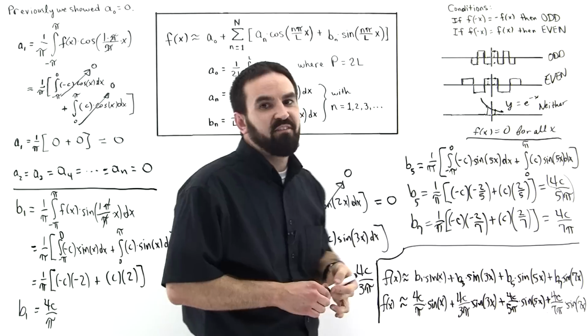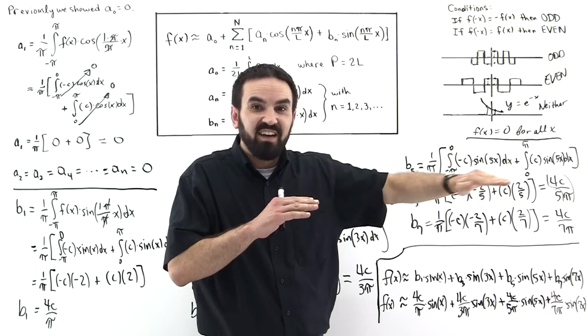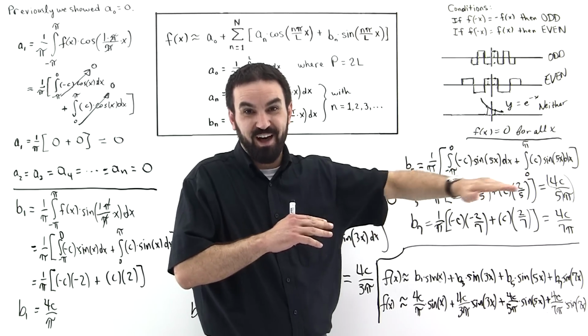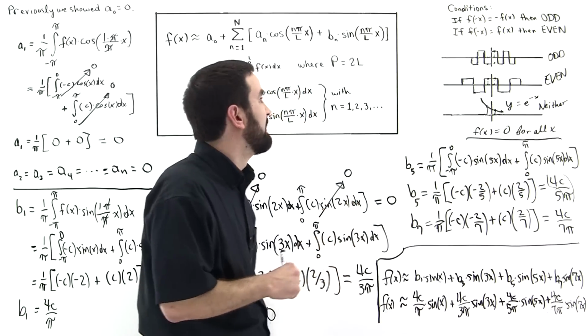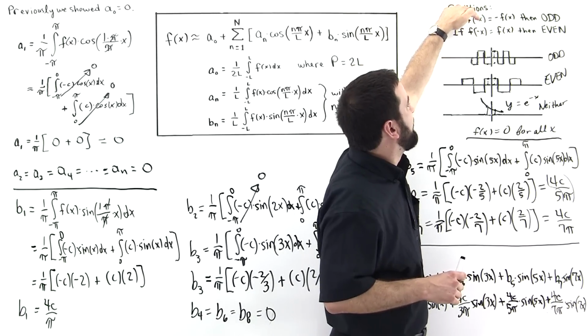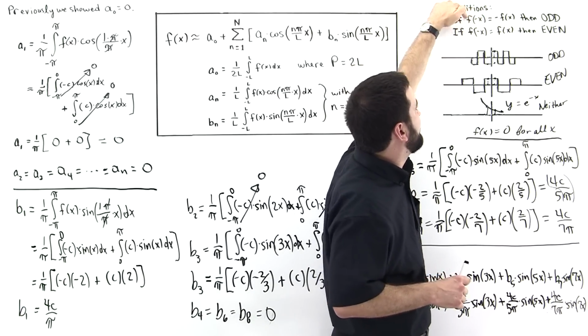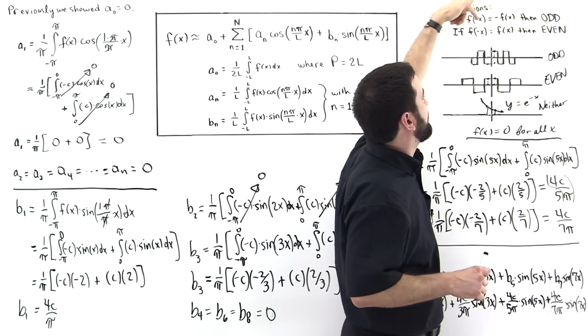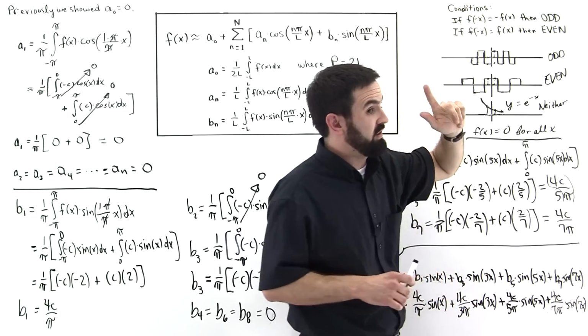If f of x is equal to 0, that means it's the line that runs along the x-axis. It's a constant value, 0. So if you pick negative 0.5 for x, then this is 0. f of 0.5 is 0, 0 equals 0. So it satisfies the odd condition for all x.